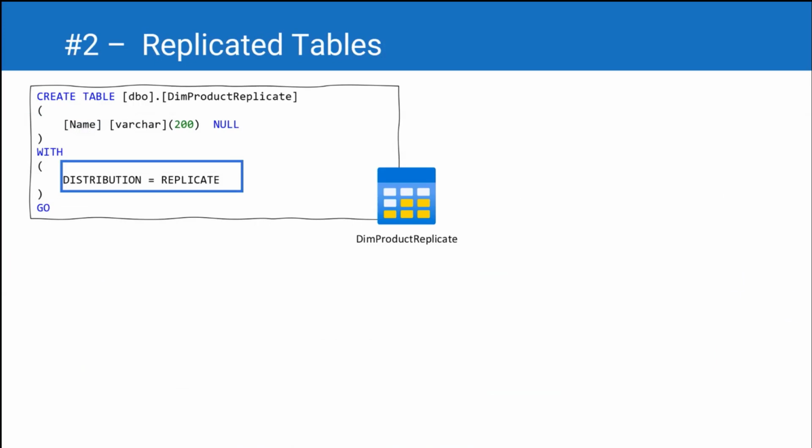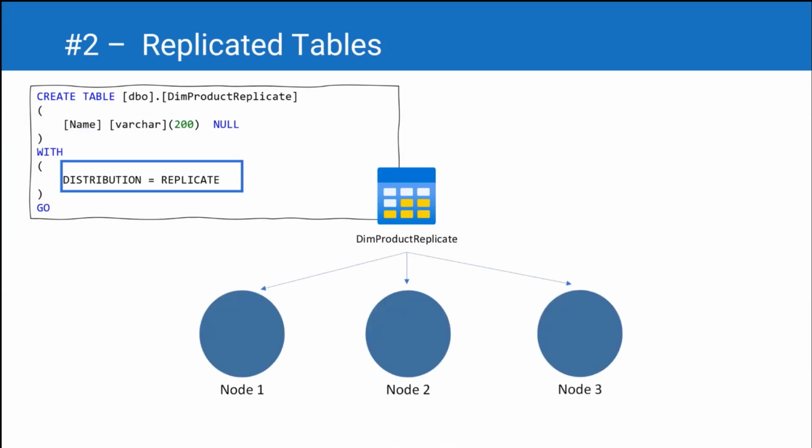Second tip, actually, you have the replicated tables. Replicated tables is another table type, and it allows you to replicate the information of those tables in different compute nodes. So if this table has 20 million rows, you're going to replicate that table in each one of the compute nodes.